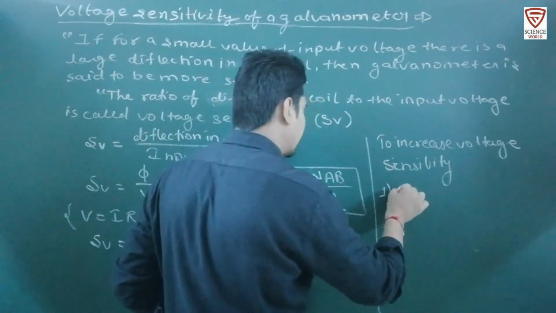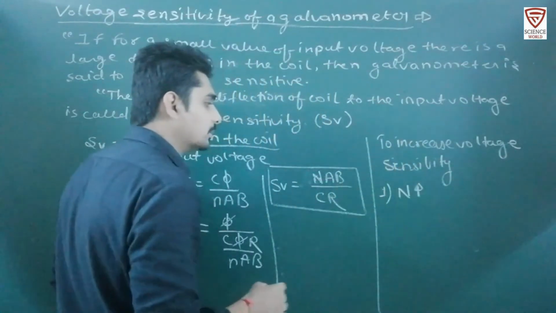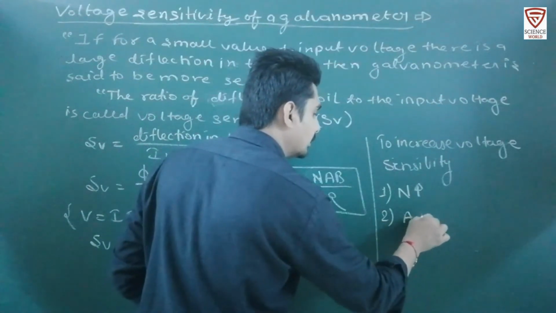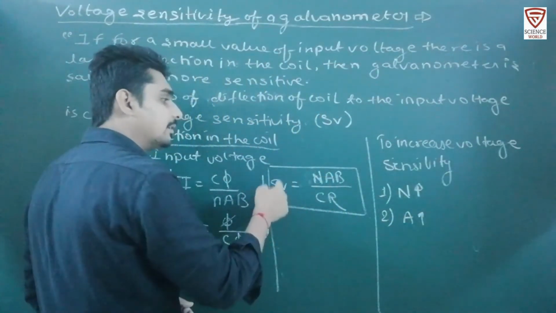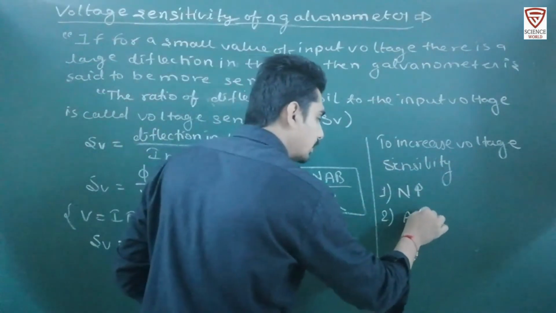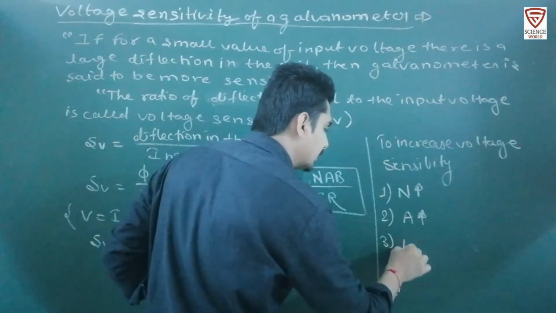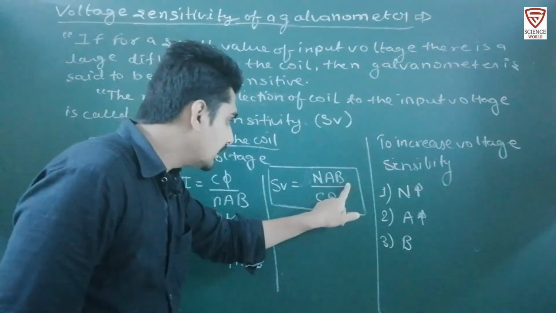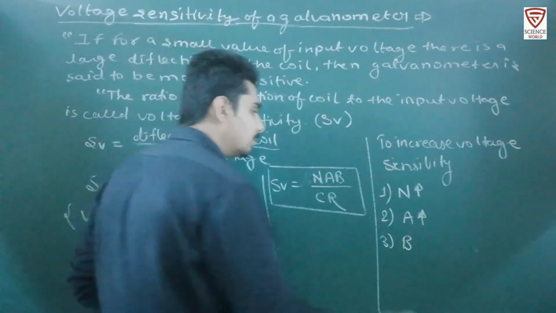So number of turns in the coil should be as more as possible. Number second, area of coil. If area of coil will be more, current sensitivity will also be more. So area of coil should be maximum. Number third, intensity of magnetic field. If intensity of magnetic field will be more, then sensitivity will also be more.